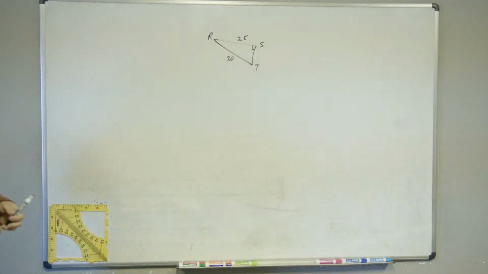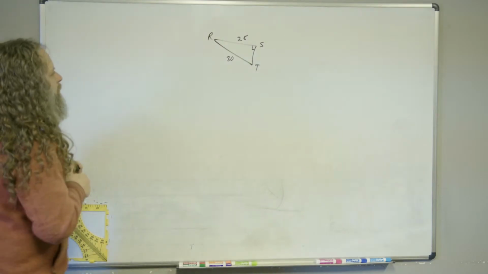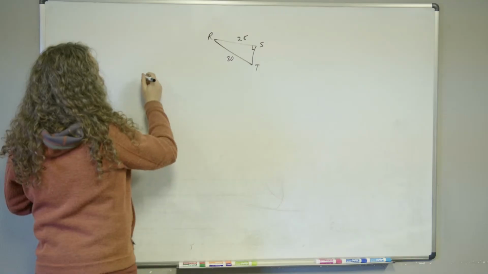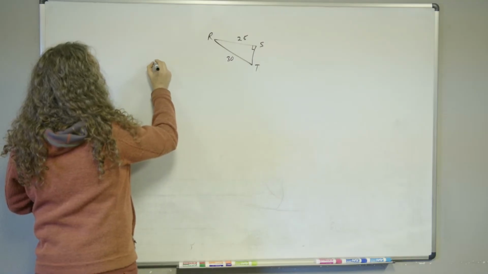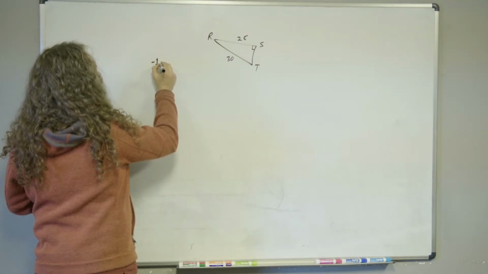So, we're looking for angle T. So what are we going to use? You're going to use a regular trig function or an inverse trig function? We're going to use inverse. Inverse something. So 25 and 30 is where we have to figure out which trig function to use.